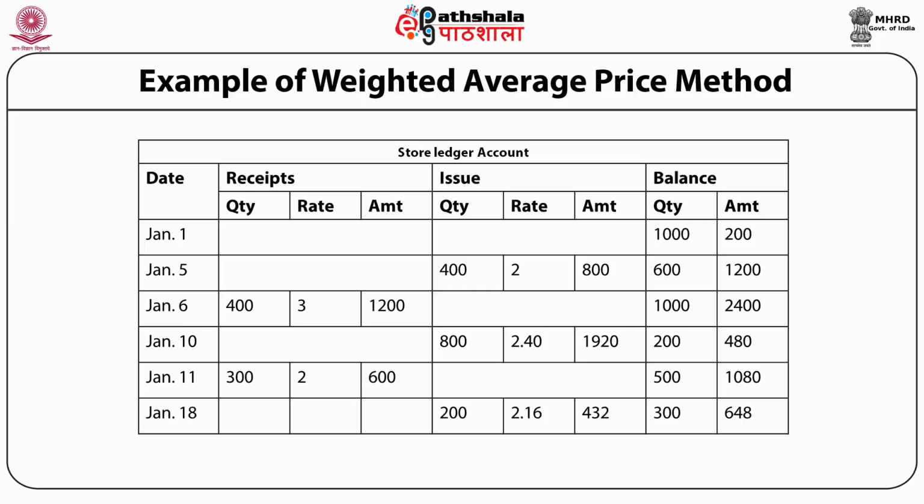On January 10th, 800 units were issued, and for issuing, the formula was used: value of material at the beginning plus purchases divided by number of units at the beginning plus number of units purchased. We divided 2400 by 1000 and got the rate of 2.4 per unit. So it shows that in the weighted average method, the units and the value or cost are combined. They lose their separate identity.